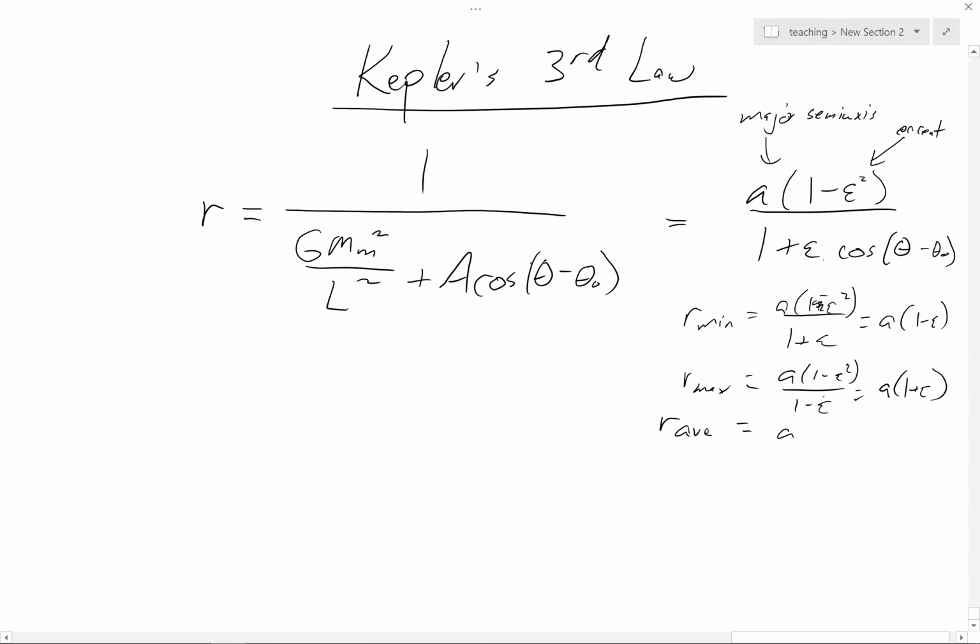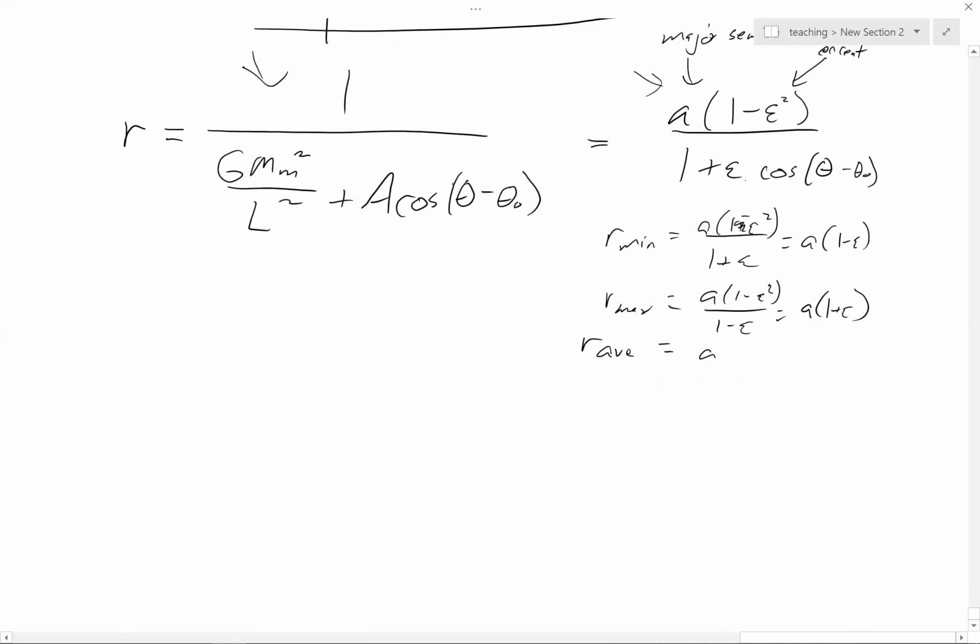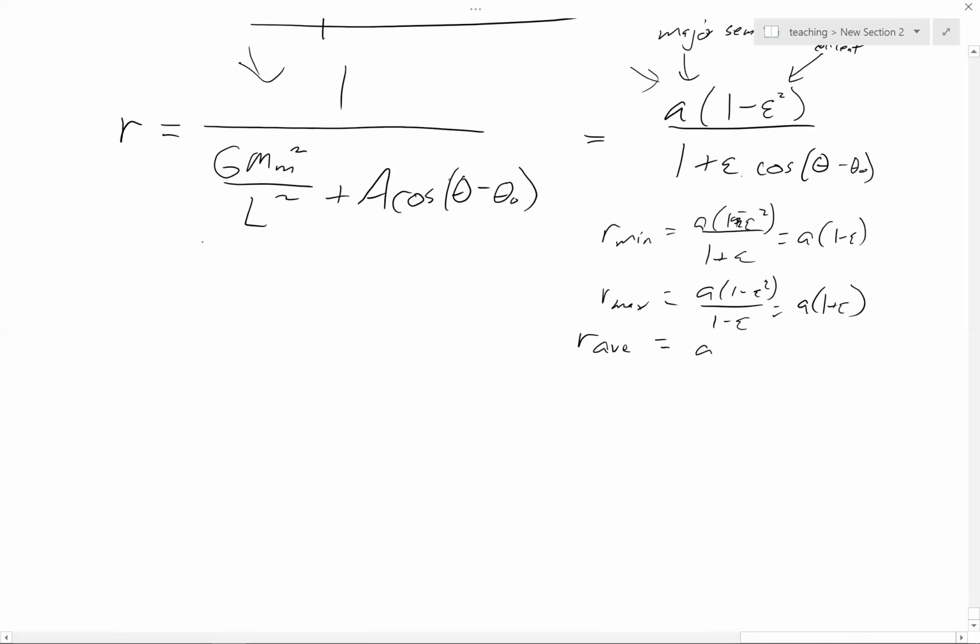Anyway, basically we're going to get Kepler's third law by comparing these two equations together. If I wanted to turn this form into this form, I'd really have two equations. I'd have GMm squared over L squared equals, well, I need to divide the top and bottom by this a(1 minus epsilon squared), so I'd have 1 over a(1 minus epsilon squared). That would be one equation.